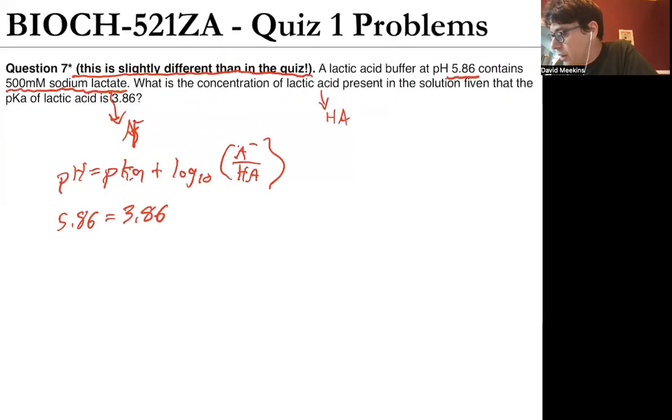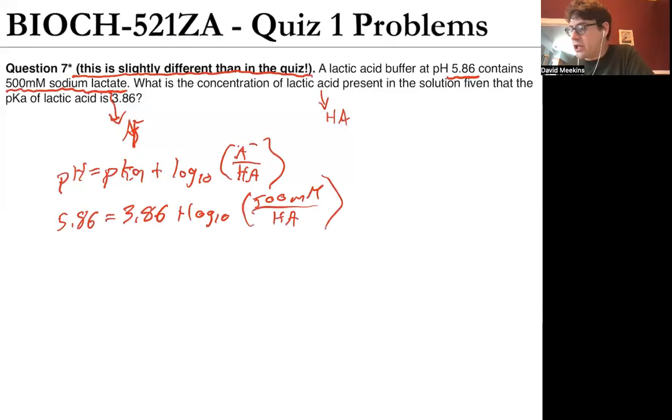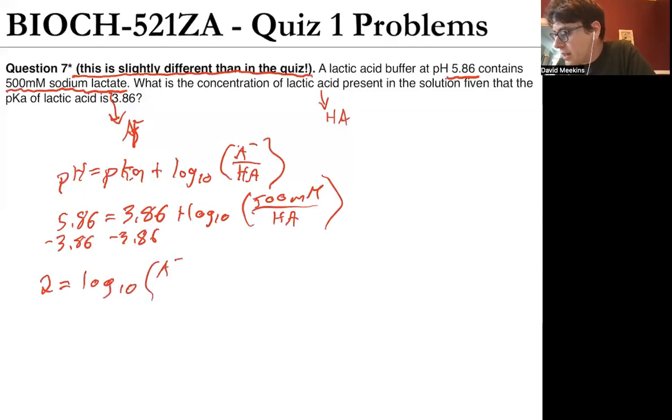We also know the concentration of the conjugate base, 500 millimolar, over HA, which is what we're trying to find. So we can subtract 3.86 minus 3.86, so 2 equals log base 10 of A minus over HA.